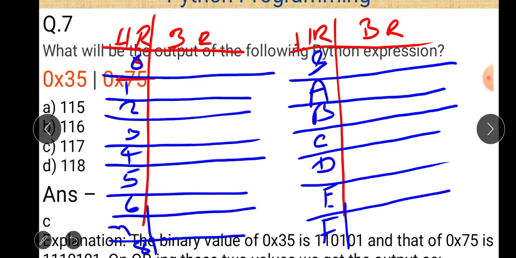Okay, so first of all, write 8 times 0 in the table: 0 0 0 0 0 0 0 0. And then write 8 times 1: 1 1 1 1 1 1 1 1.